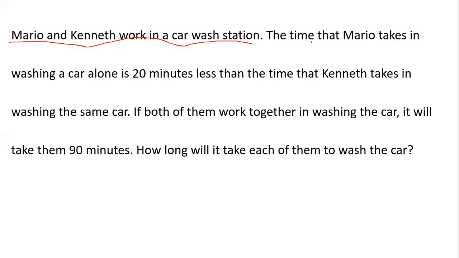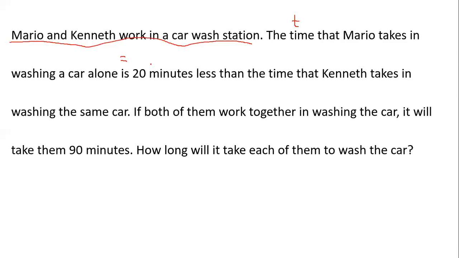The time. So we are dealing with time now. Let's represent that with the variable t that Mario takes in washing a car alone, and is 20 minutes less than. Ito na po.